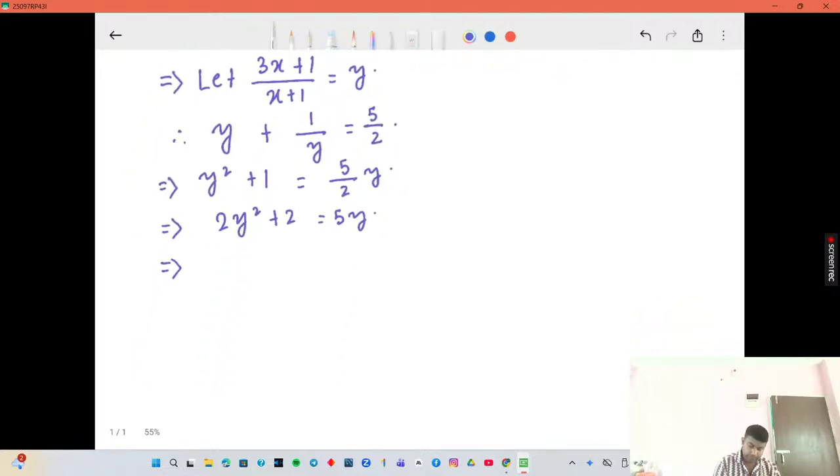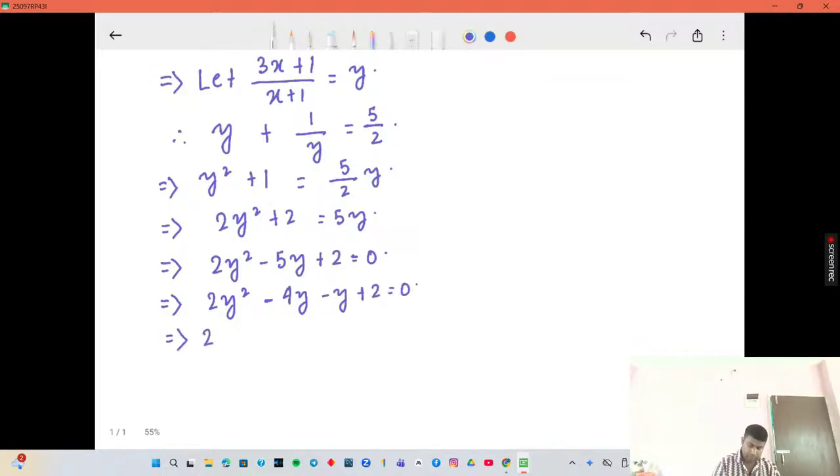Now 2y square minus 5y plus 2 is equal to 0. Now 2y square minus 4y minus y plus 2 is equal to 0.